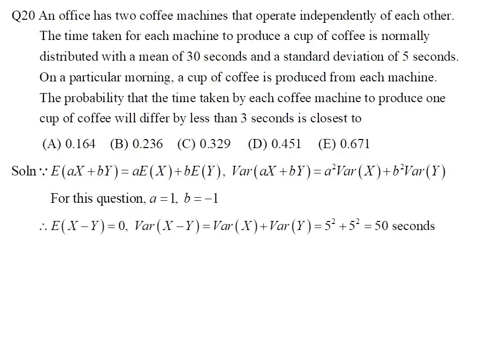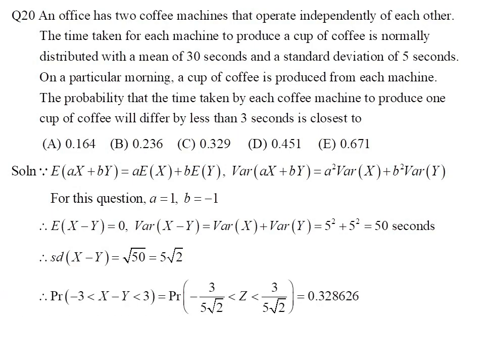Hence, E of X minus Y equals 0. Var of X minus Y equals 5 squared plus 5 squared, which equals 50 seconds squared. Thus, the standard deviation of X minus Y equals 5 square root 2.